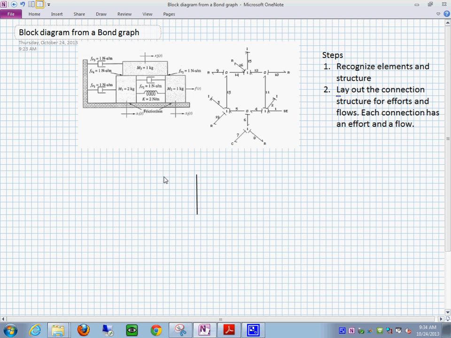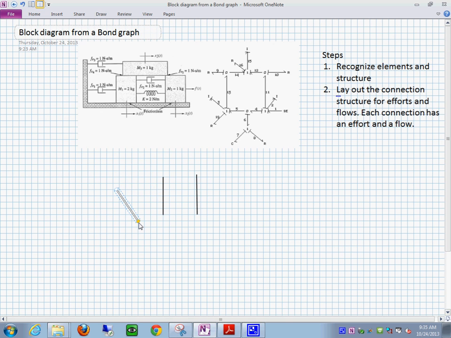So we have this, we need to draw more lines. So this would be the 2 for this I element. Okay, maybe we'll go a little closer like that. And then we need, like I said, to draw the lines for the R element, and this is gonna go like this.